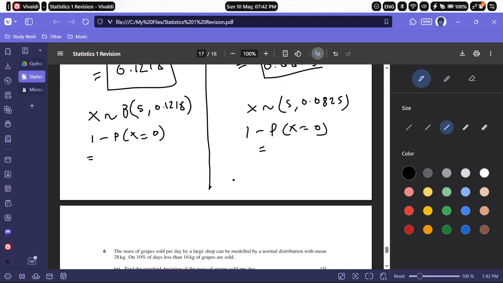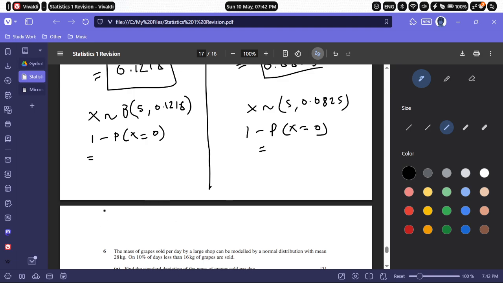So 1 minus 5C0, which is 1, times q raised to 5. That is 1 minus (1 minus 0.1216) the whole raised to 5.